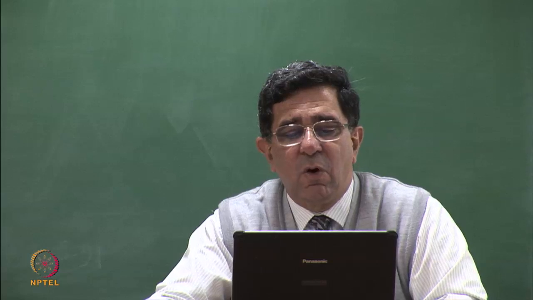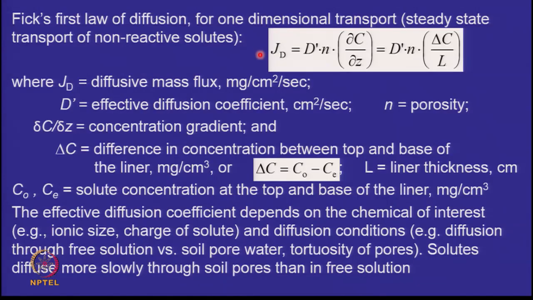Please tell me what is the diffusive mass flux. You have been given D dash, you know delta C, 600 minus 0, you have the liner thickness. So having these components, you can find out the JD.